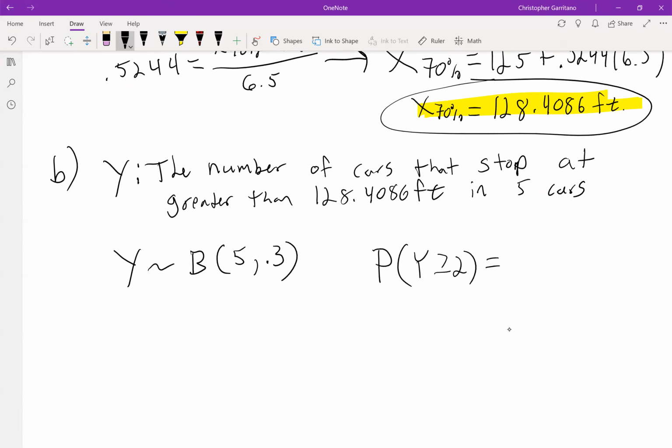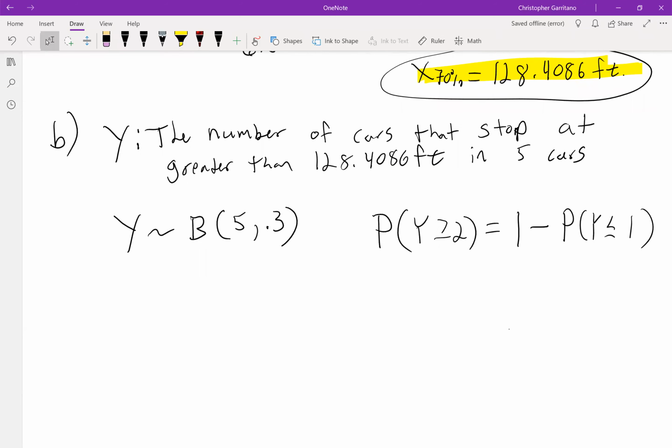Now, you can calculate this by hand, or you can use the binomial CDF function on your calculator. The thing is, the binomial CDF function only does less than or equal to, so you will have to convert this into an expression that uses that knowledge. And so we can write this as 1 minus the probability that Y is less than or equal to 1.